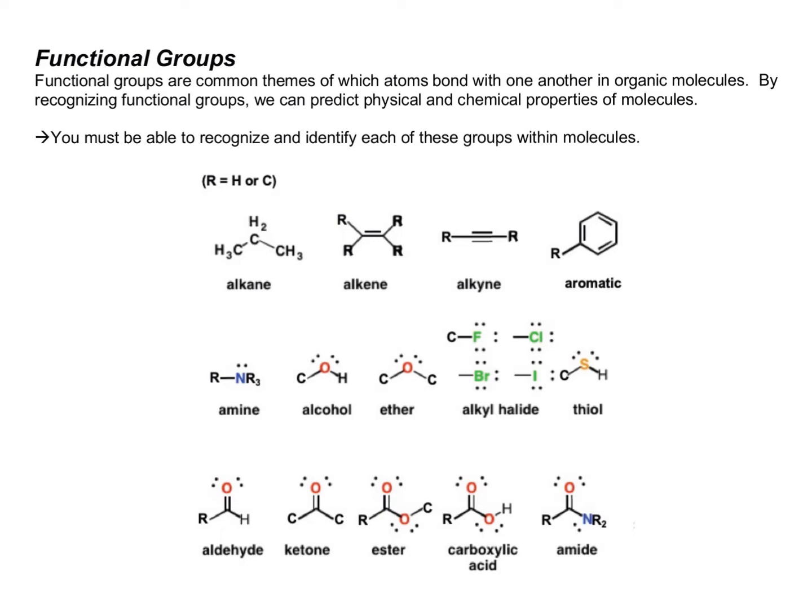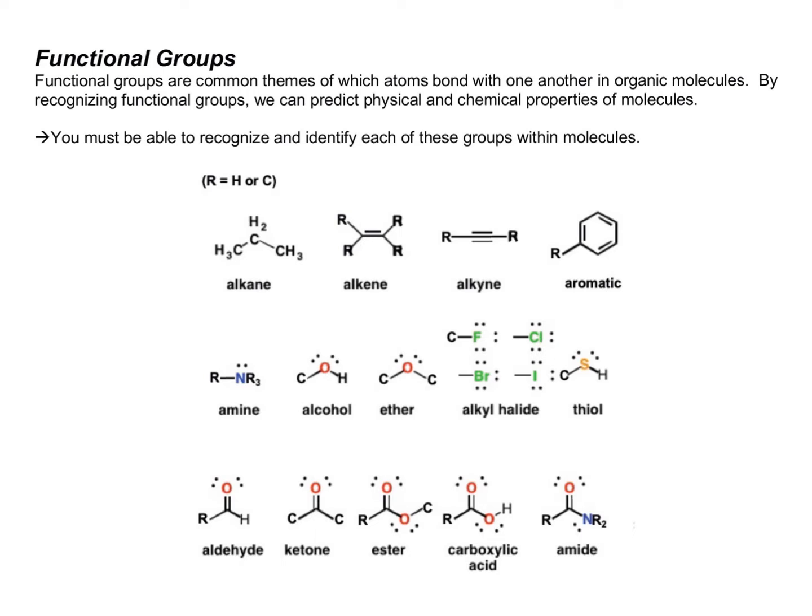And so if we look at a particular nutrient and we see that it has a functional group we would expect to react with acid, we can make a prediction that as that molecule is passing through the gut, the acid present in the gut is going to play a key role in metabolizing or breaking down that food molecule by carrying out whatever types of reactions are common to that particular functional group.